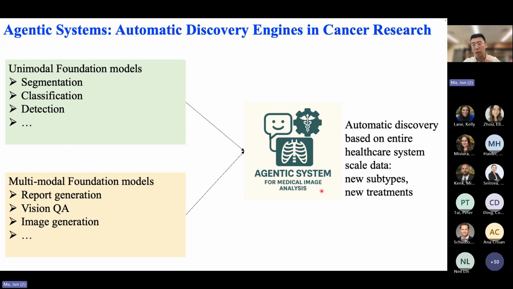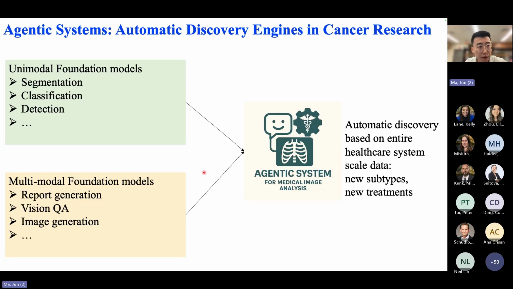Another ongoing work is to build a multi-agent system to serve as an automatic discovery engine in cancer research. Now we have so many unimodal foundation models for various tasks such as segmentation, classification, and detection. We also have lots of multimodal foundation models for report generation, vision QA, and image generation, and importantly, those models are becoming more and more powerful.